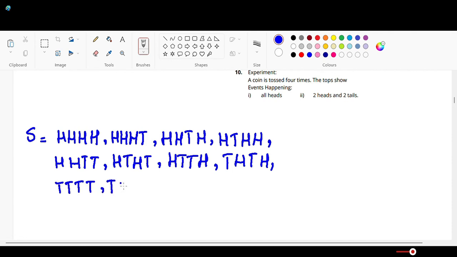You could get tail, tail, tail, head, or tail, tail, head, head.